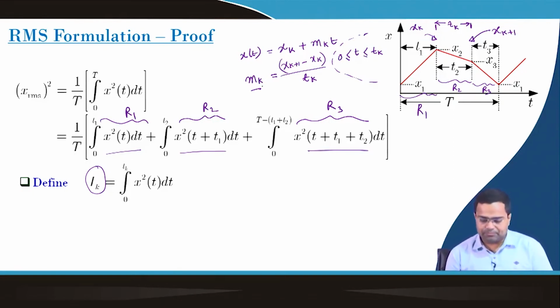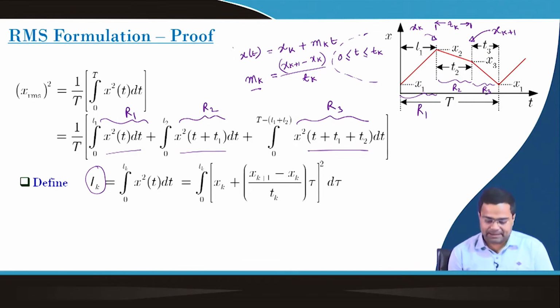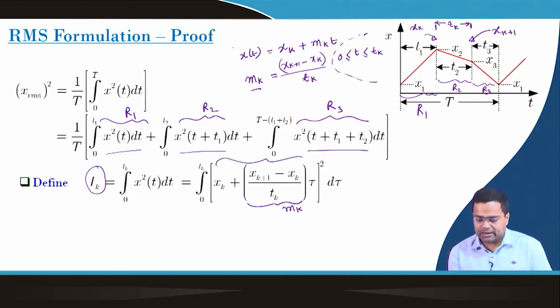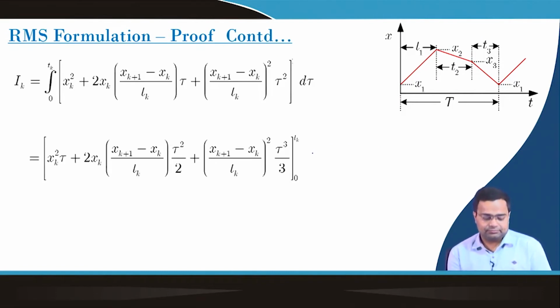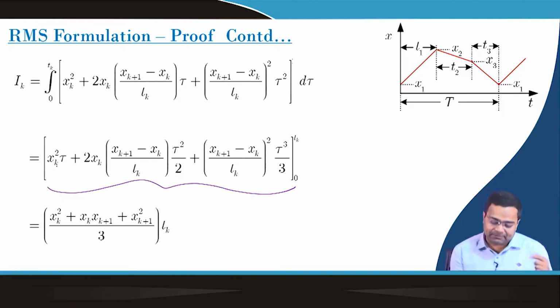Now, if you take this slope and this xk plus 1, this corresponds to my mk that we have represented. So, you can write, and this corresponds to my x of t during the interval 0 to tk. Then if we write the full expression of this square term, because there is a square term here, and then integrate, after computing the integration and simplification we get the final expression.